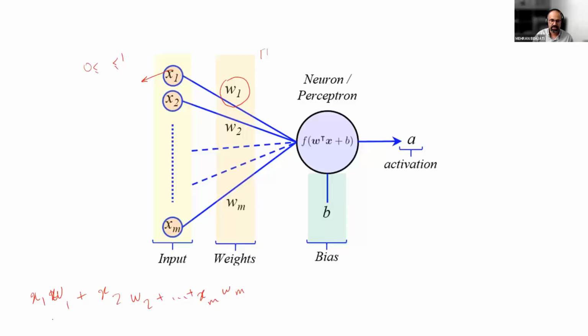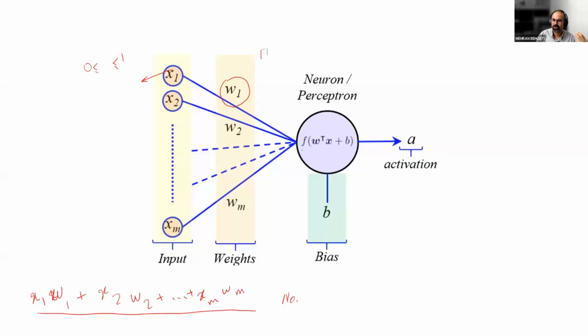So as you can see, the output of this operation is a number. This number might be less than 0 or more than 1, while we are interested in numbers between 0 and 1.